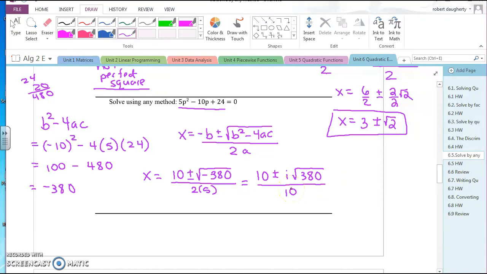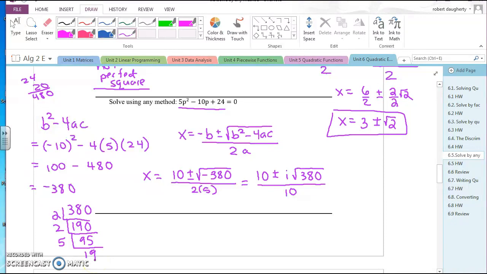Now, can I simplify the square root of 380? So I'm just going to say if I divide 380 by 2, that is 190. Divide that by 2 again, and I get, I think, 95. And if I divide that by 5, so 5 will go into there one time, 19 is that, okay.